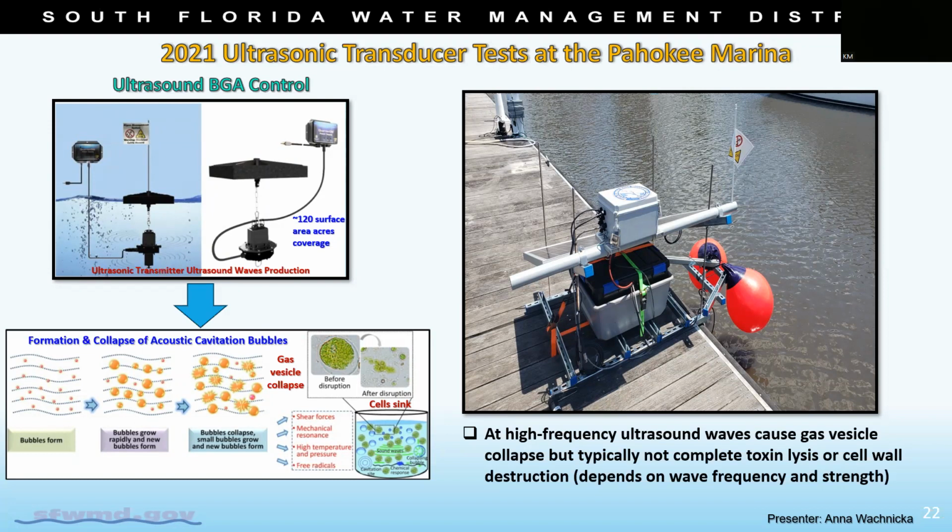So they are removed from the photic zone, sink to the bottom and decompose, and they're pretty much destroyed. Toxins are also degraded. Sometimes when the cell walls break completely, we can see some leakage of toxins. So immediately after the treatments, we can see some spikes in toxins, but over time, the toxins decrease. This is one of the cool things that we're testing at the marina.